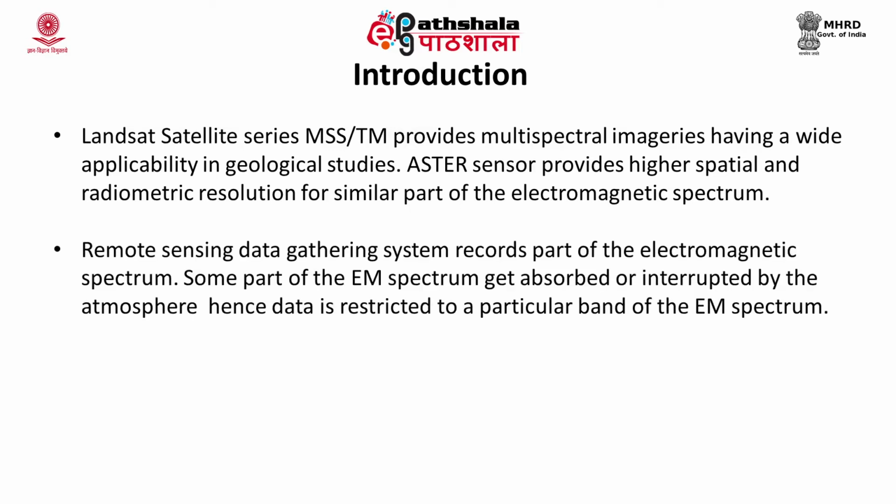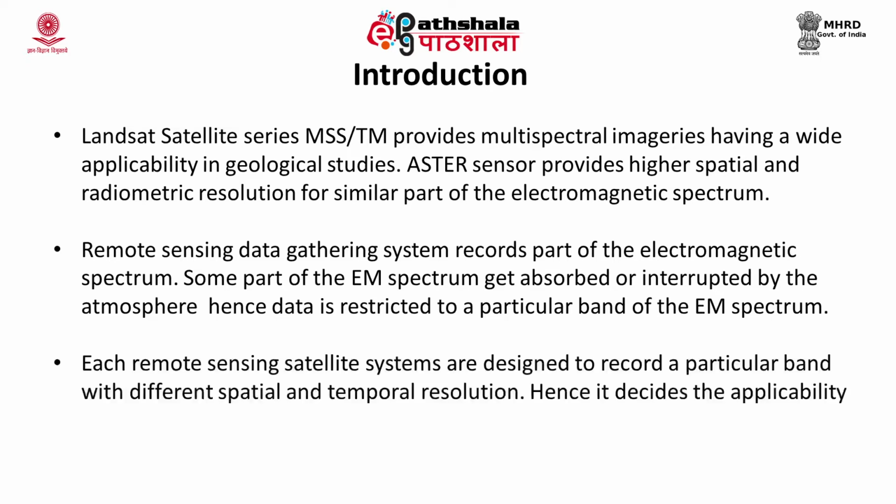Remote sensing data gathering systems record part of the electromagnetic spectrum. Some parts of the electromagnetic spectrum get absorbed or interrupted by the atmosphere, hence data is restricted to a particular band of the electromagnetic spectrum. Each remote sensing system is designed to record a particular band with different spatial or temporal resolution.